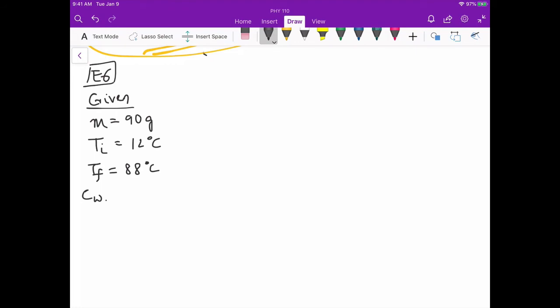Since it's water, we know its specific heat. Specific heat of water is 1 calorie per gram per degree Celsius. And what you're asked to find is how much heat was required to raise that mass of water from that initial temperature to that final temperature. So go ahead and apply the equation.